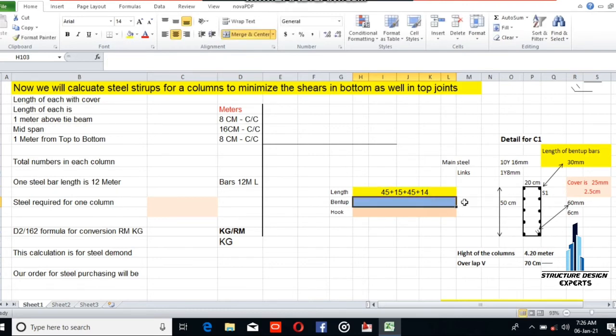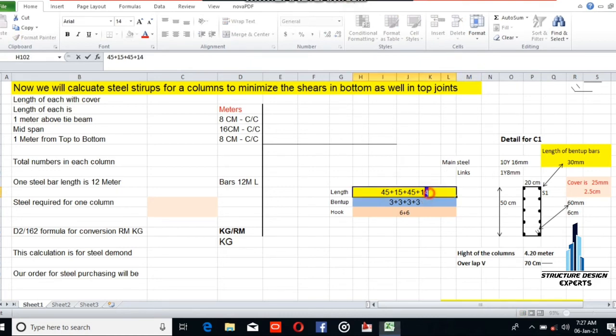Now the bent-up bar at the 4 corners is 3 centimeter, 30 mm, so we select 3 plus 3 plus 3. And the hooks are 2 hooks, each 6 centimeter long, so 6 plus 6 is equal to 12.